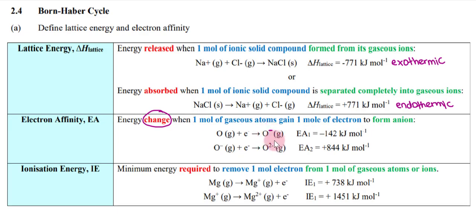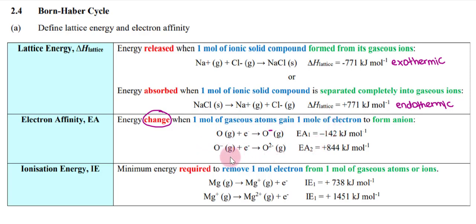O-. So just add the negative charge on your handouts. If you notice here, this one will release energy. It is an exothermic process for the first electron affinity of oxygen.